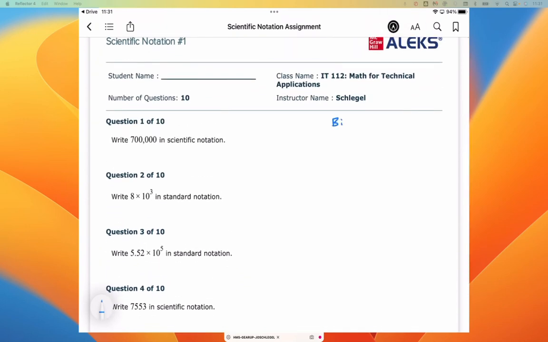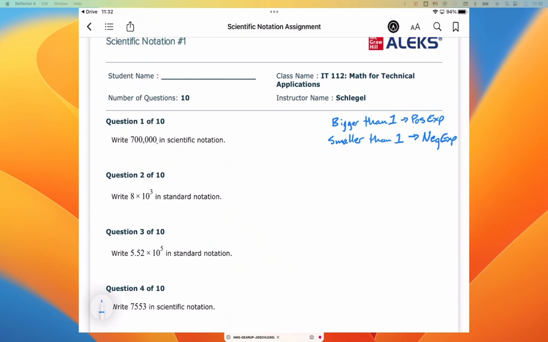Bigger than 1, or larger than 1, is a positive exponent. Smaller than 1: if the number is smaller than 1, it's going to be a negative exponent. And that's really all we need to know in terms of scientific notation, other than one other thing, which is where to put the decimal and how to write this form.